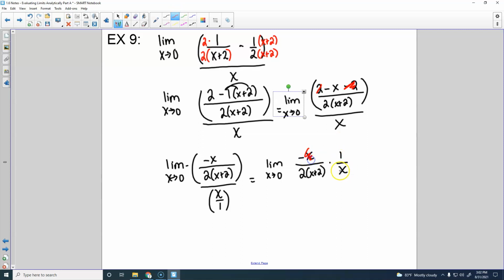You can cancel this x right here with this x in the bottom. Which is, this was a negative x right here, where we distributed that negative. So you got negative, this is like a negative 1 right here, right?